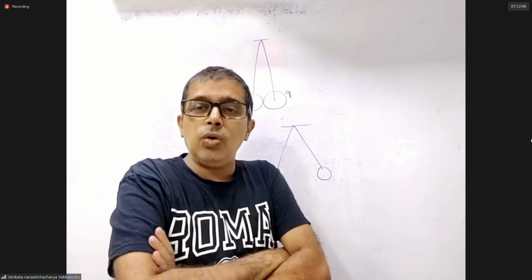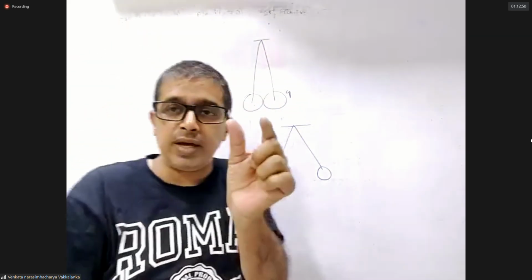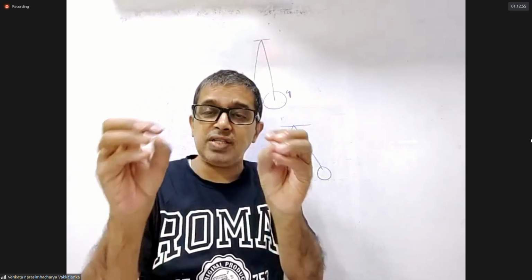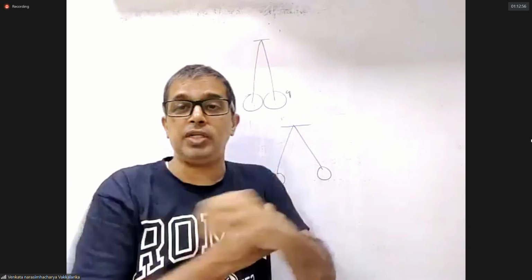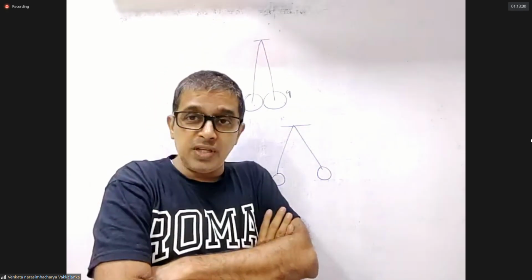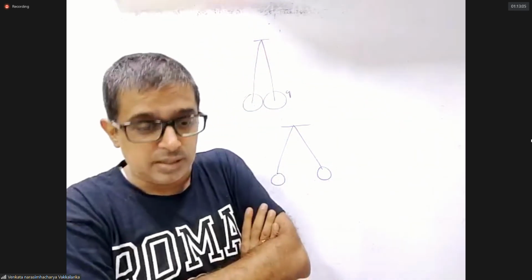Right now, I am taking the help of symmetry to tell you that both will acquire the same charge, because only when they acquire the same charge will both have the same potential. If they are not of the same size or identical, they will not acquire the same charge.